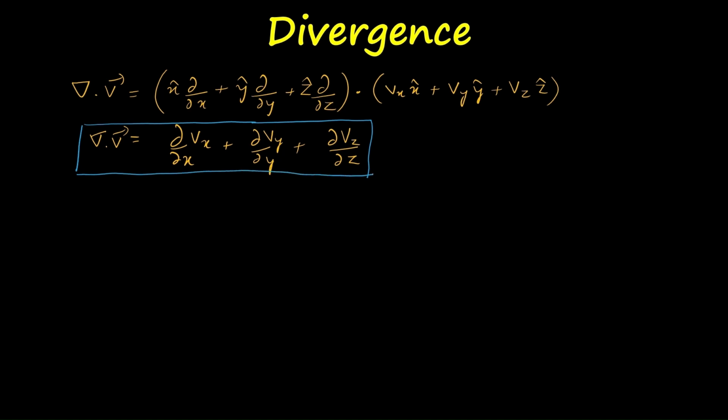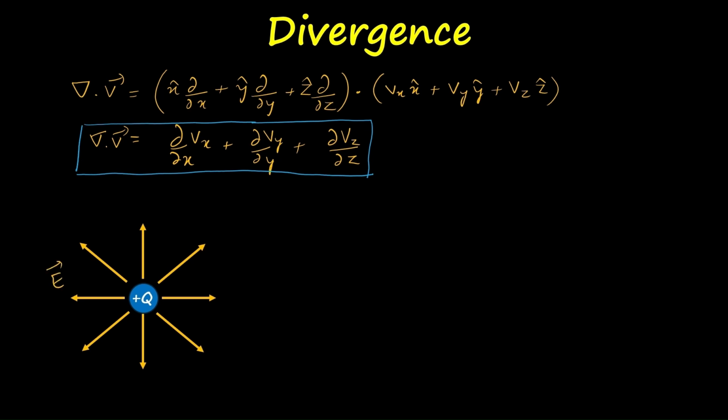Now, to understand the physical interpretation of divergence, let us take some examples from electrodynamics. If we have a plus q point charge, the electric field lines would look like this. Okay, so I'll just write E here.